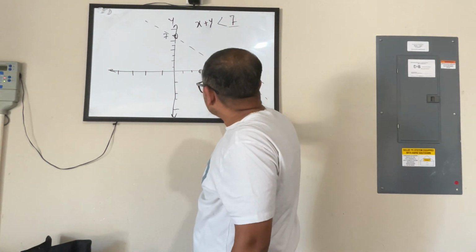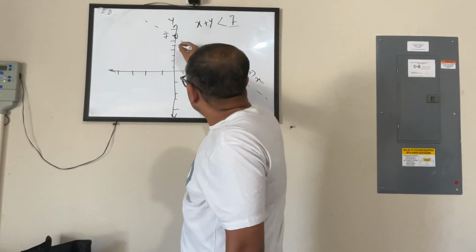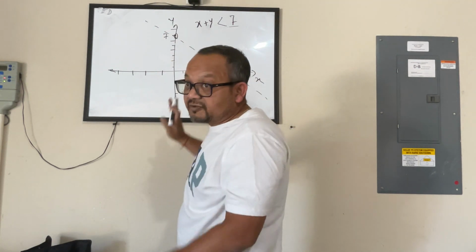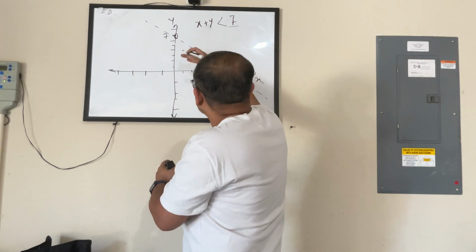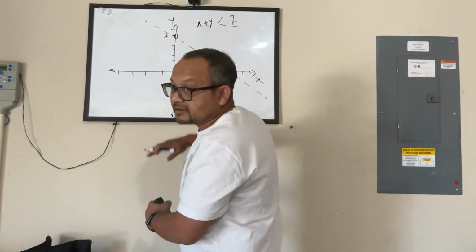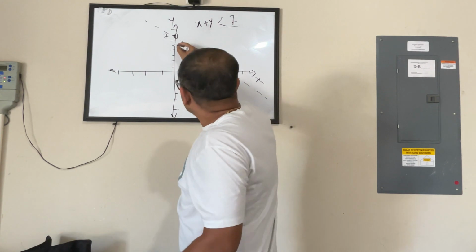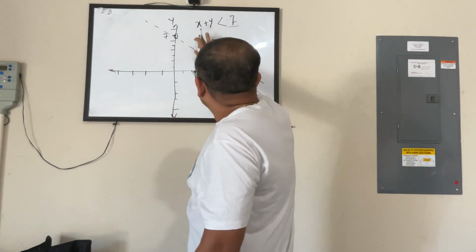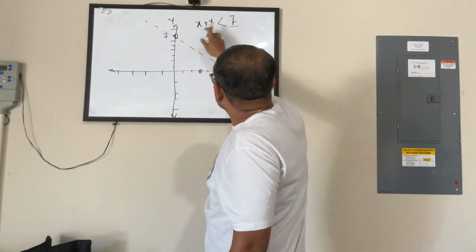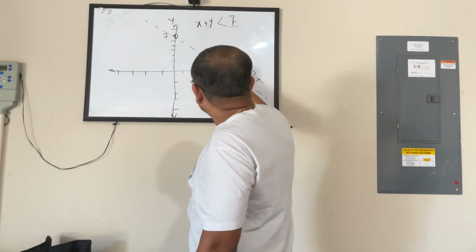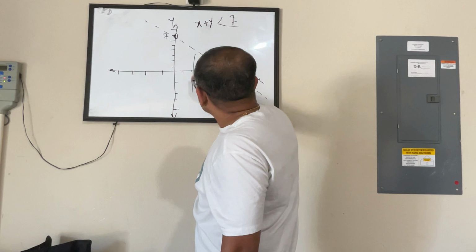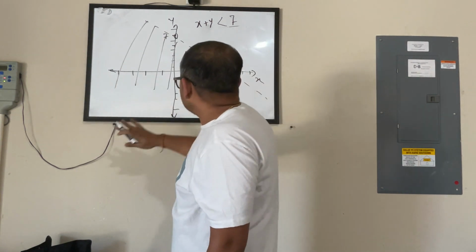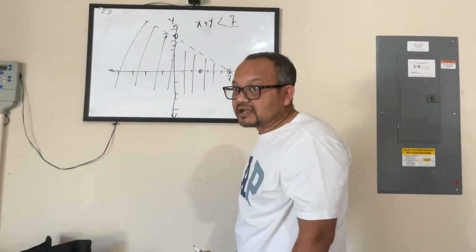So this side looks okay. Let's pick another point, not below this line, because we are checking which side of the line this represents. If I pick this point, it is 3 plus 2, 5. So this is also less than 7. That means when I am talking about less than 7, we are talking about this side. This is the graph.